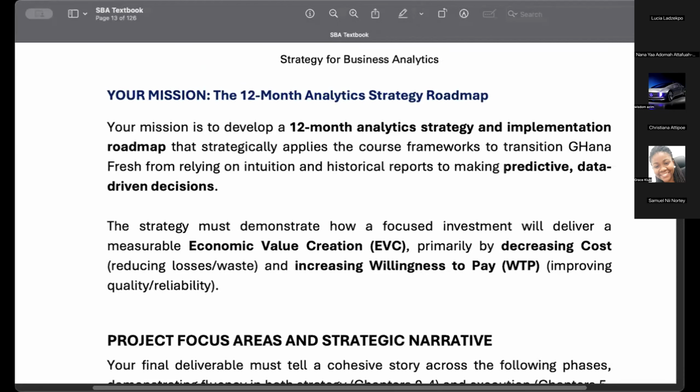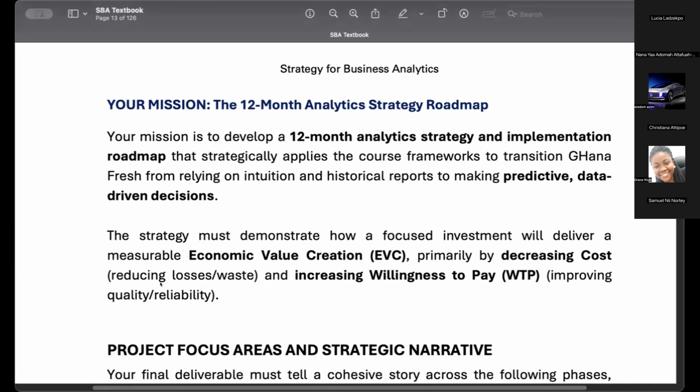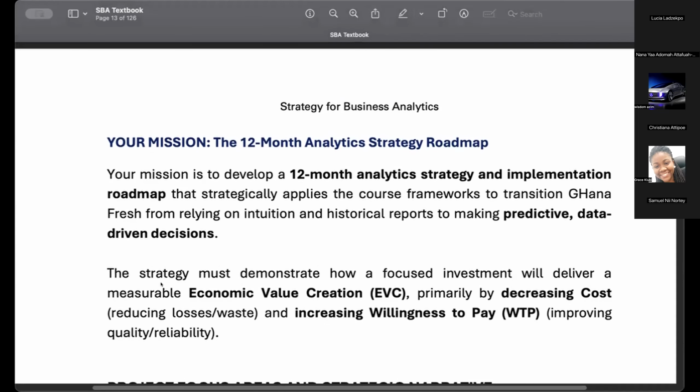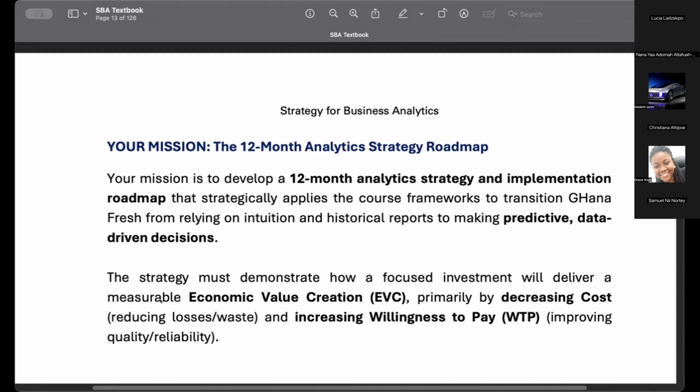The strategy must demonstrate how a focused investment will deliver a measurable economic value creation (EVC), primarily by decreasing costs, reducing losses or waste, and increasing willingness to pay (WTP), improving the quality and reliability.